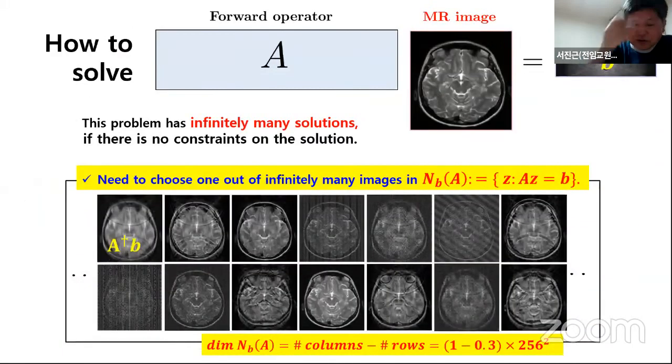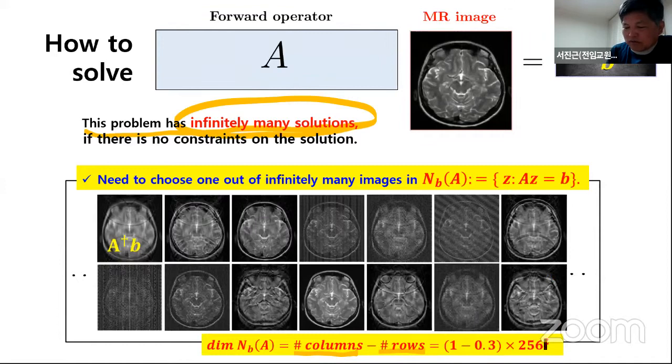Okay, then how to solve this problem? Actually, it's impossible in the classical sense. This problem has infinitely many solutions if there is no constraint on the solution. This is all the possible solutions. The dimension of the solution is the number of columns minus the number of rows.